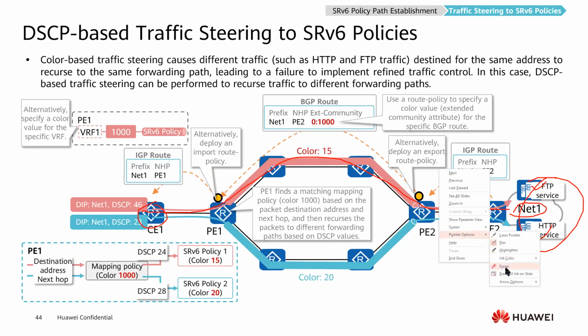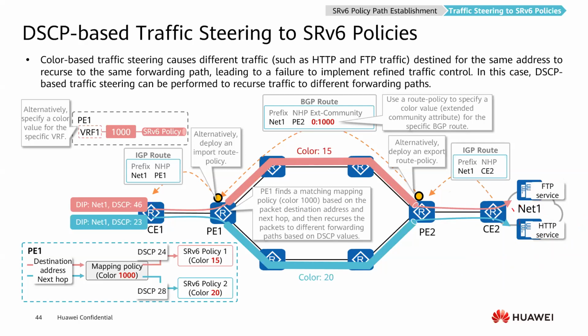But maybe inside this network 1, we have different types of services, and different services have different requirements. So what we want to do is, for different DSCP packets, I want them going to different policies. How do we do it?